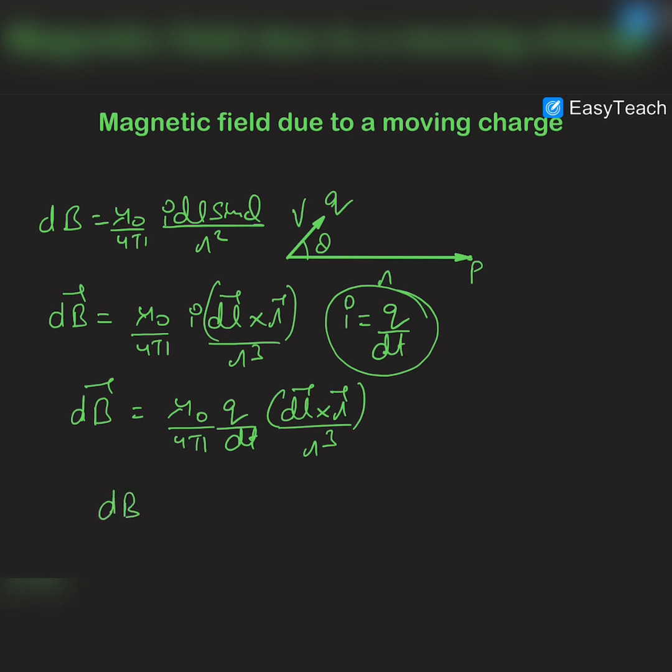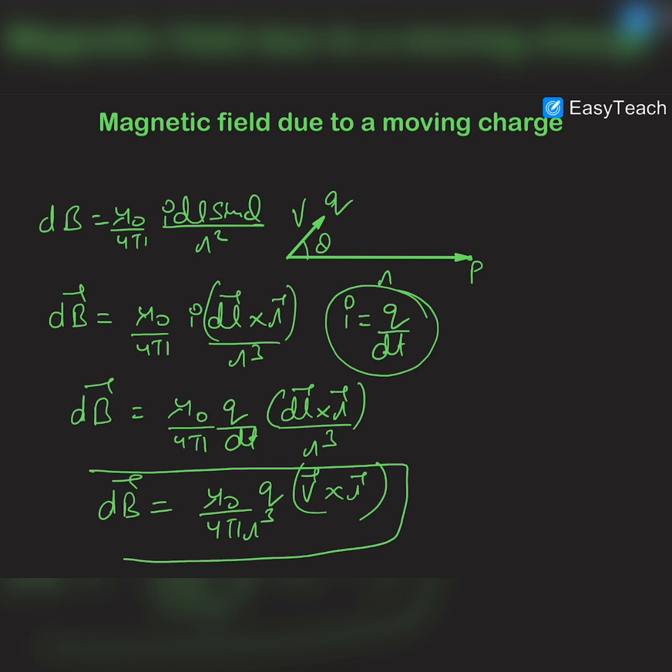So dB will be equal to mu naught by 4 pi r cube, and q and dl by dt is velocity v, cross r. So this is the magnetic field in vector form due to a moving charge q.